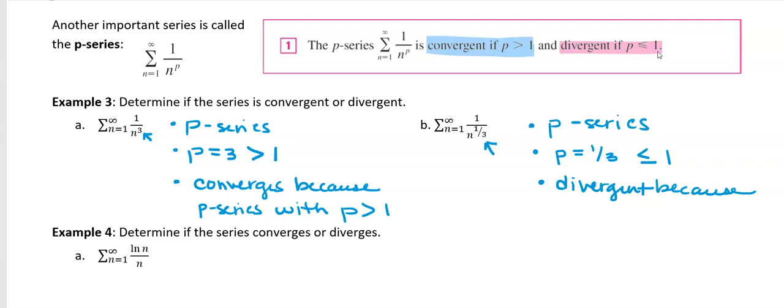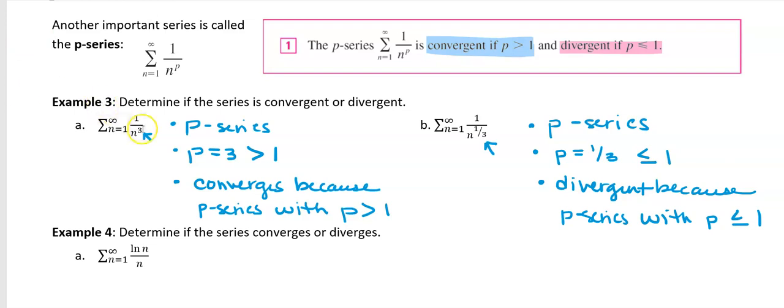Again, you always want to write your reasoning because it's p series. Keep leaving off my S. P series with p less than or equal to 1.